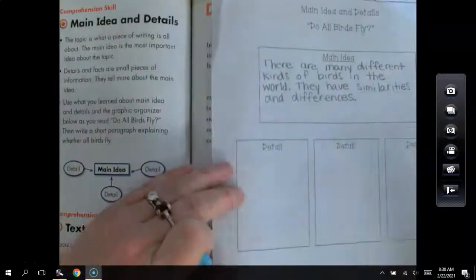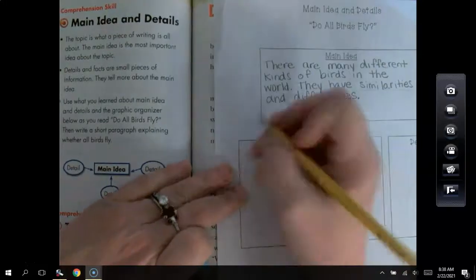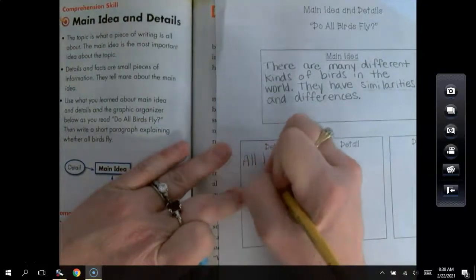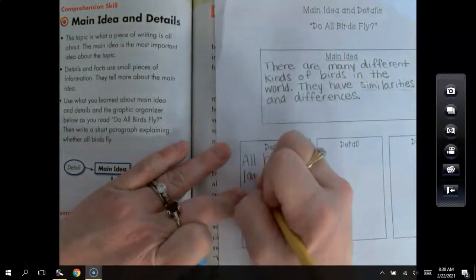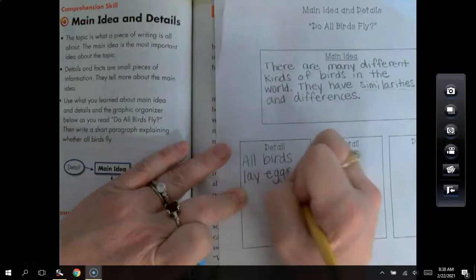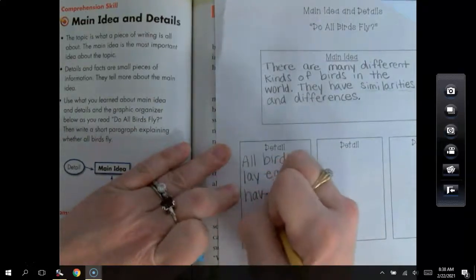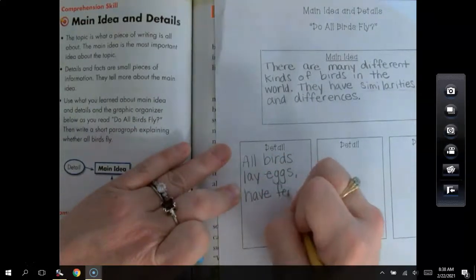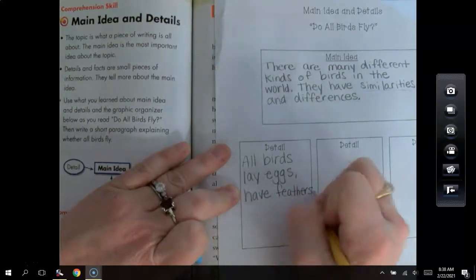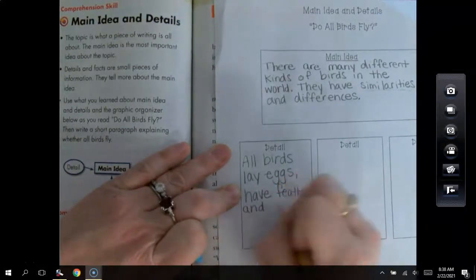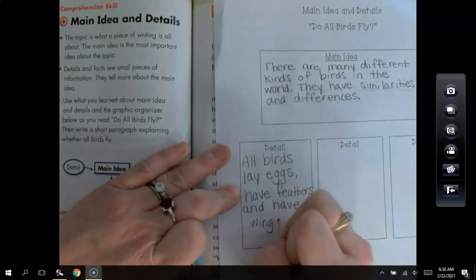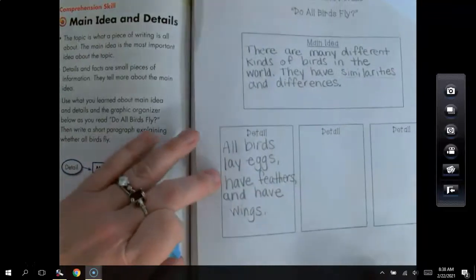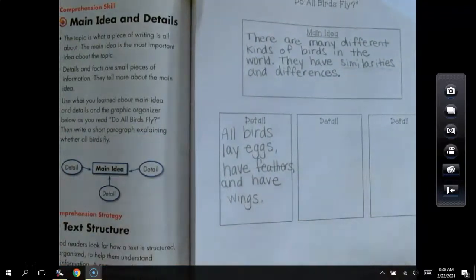So we're going to go ahead and write that in our first detail. All birds lay eggs, have feathers, and have wings. Go ahead and take a minute to write that in your first detail box.